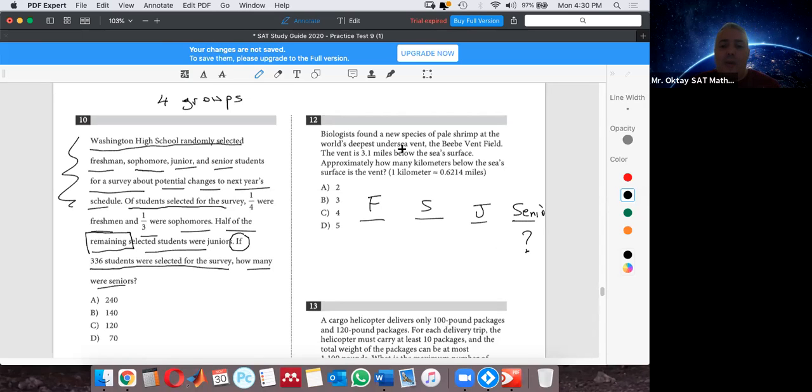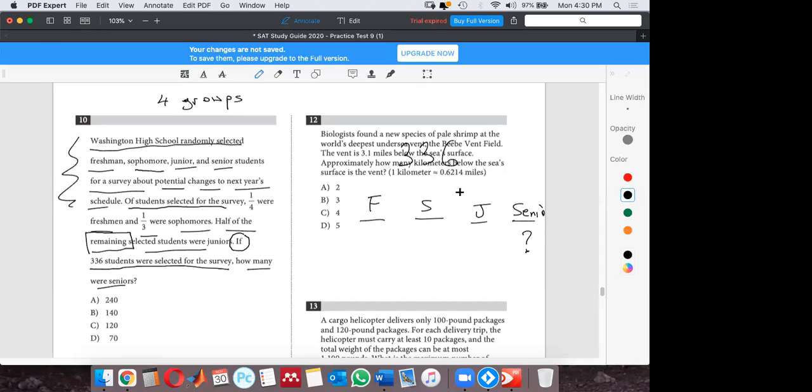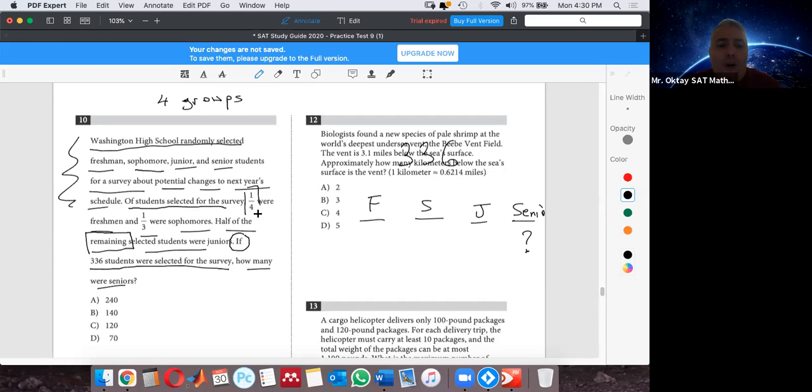Now, 336 students, we have totally 336. So some of them are freshmen, some sophomores, some juniors, some seniors. Is it okay? Now, it says that 1/4 are freshmen. So what is 1/4 of 336? 1/4 of any number is 1/4 times the number itself.